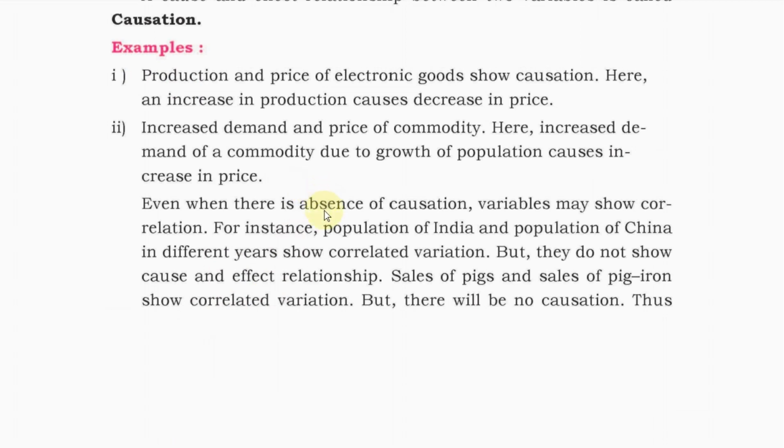Even when there is absence of causation, variables may show correlation. For instance, population of India and population of China in different years show correlated variation, but they do not show any cause and effect relationship. The sales of pig and sales of pig iron show correlated variation, but there is no causation.